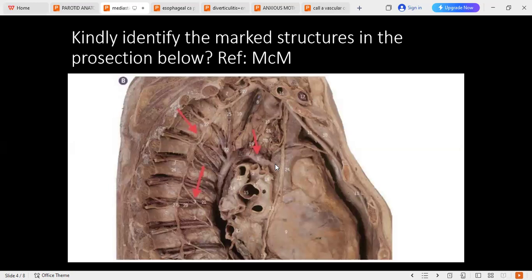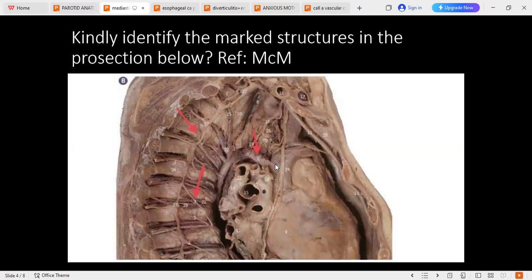Last question, please. If a clot dislodges from the deep veins of the calf, tell me how it would reach the pulmonary artery.